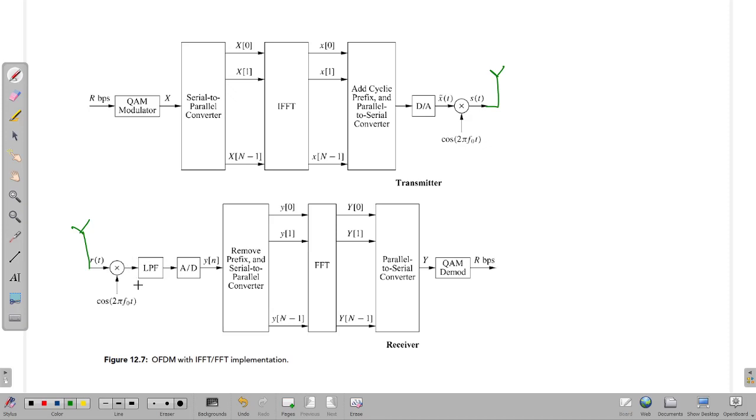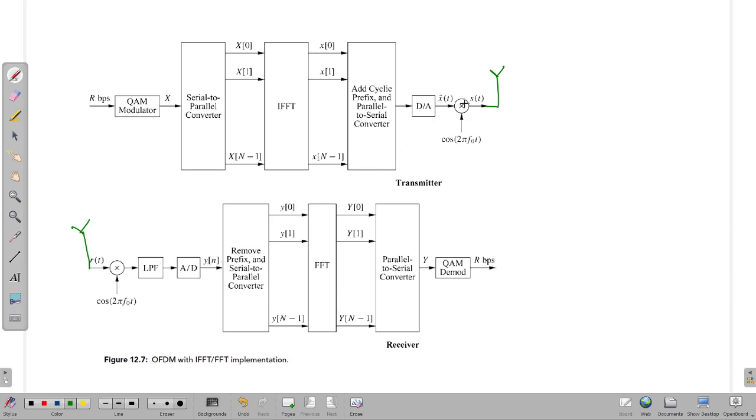The low pass filter removes the unwanted components and accepts only the frequency range, the bandwidth, that this OFDM signal is designed for. Then there is an analog to discrete converter which samples the signal, and from this point you have the discrete signal y of n.